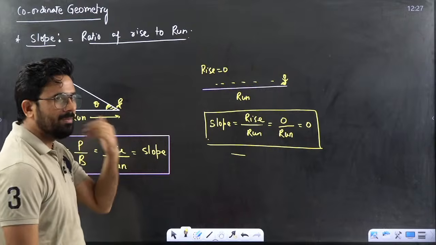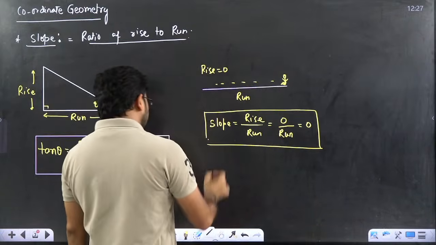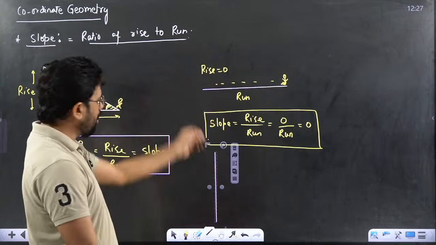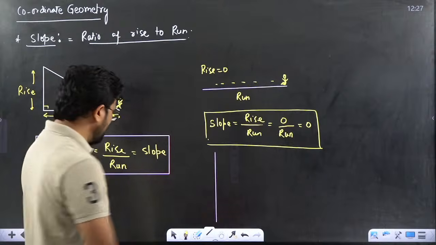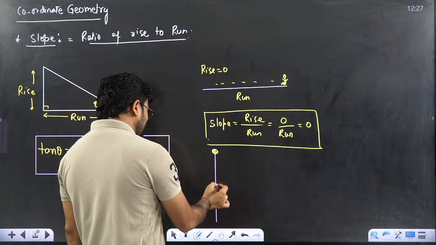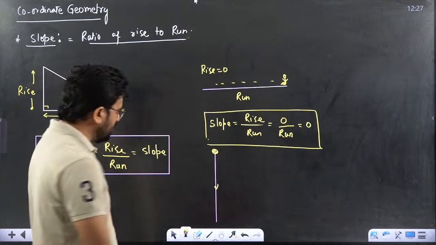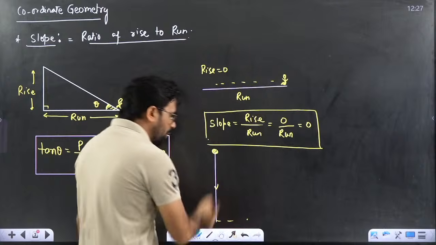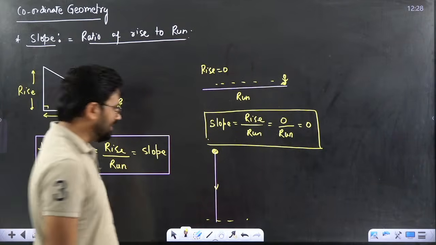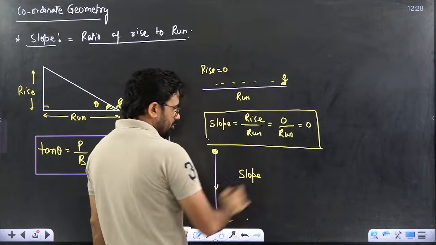Okay. Now come to the next point. Suppose some ball is falling vertically downward. You are taking a ball and this ball is coming downward. Now the question is, sir, what is the slope for this line? There is no horizontal run. Only rise or fall is there. So slope is what?